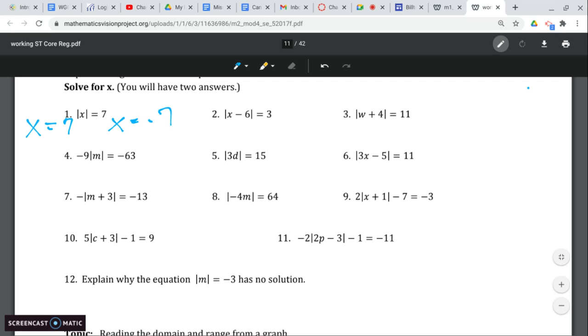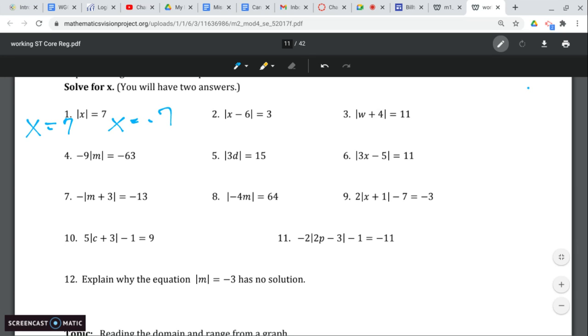Because the thing with absolute value is it takes a negative number and turns it positive, because absolute value is the distance a number is from 0. If we have a negative number, the distance it is from 0 is a positive value, because distance can never be negative. It doesn't matter if you're going in a backwards direction, it's still a positive movement.